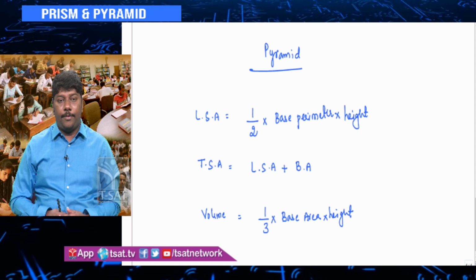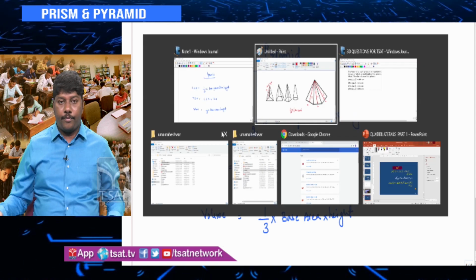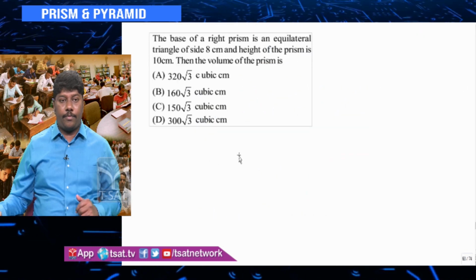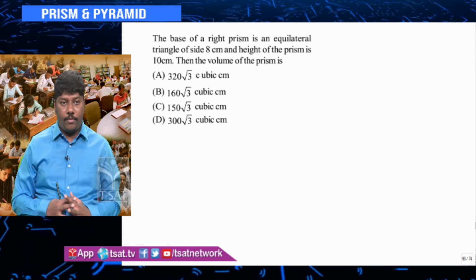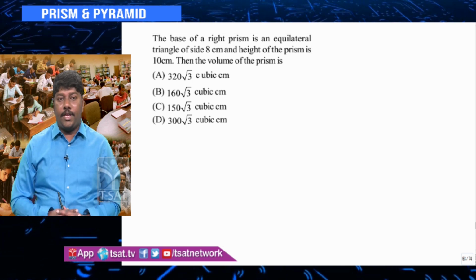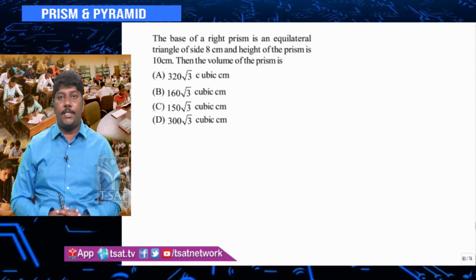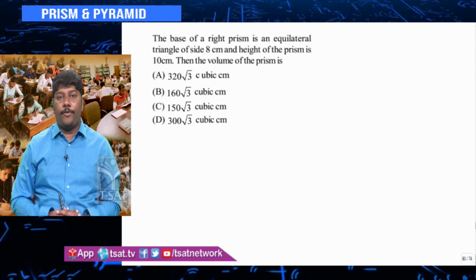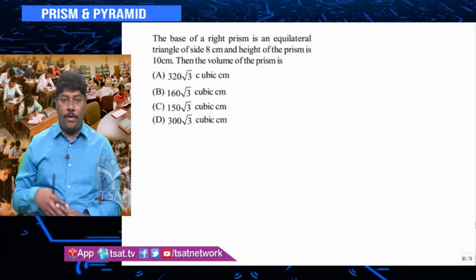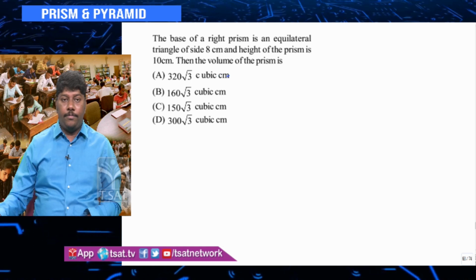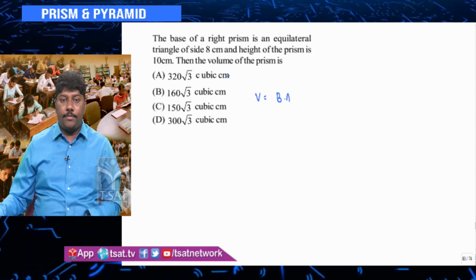Now, let us first look at the problems based on prism, then we will come to pyramid. Look at the first question based on prism. The base of a right prism is an equilateral triangle of side 8 centimeters and the height of the prism is 10 centimeters. Then the volume of the prism. First of all, the base is an equilateral triangle. When it comes to volume of the prism, we know it is base area into height.